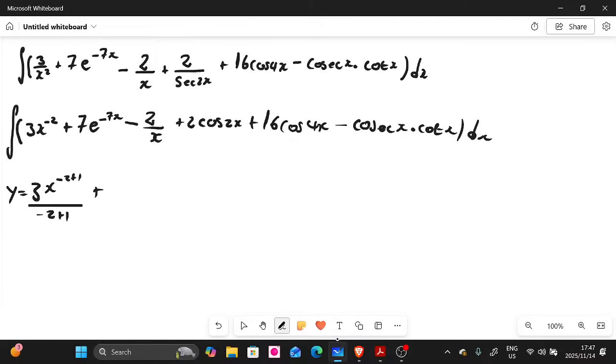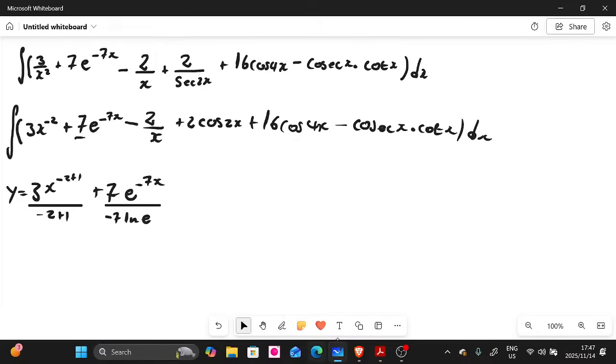Now, when you integrate the exponential, we have the coefficient, which is 7. Don't forget, write it as it is. And then you write e to the power of negative 7x. Then you divide by the coefficient of x, which is negative 7, and you multiply by ln of the base, which is e in this case.